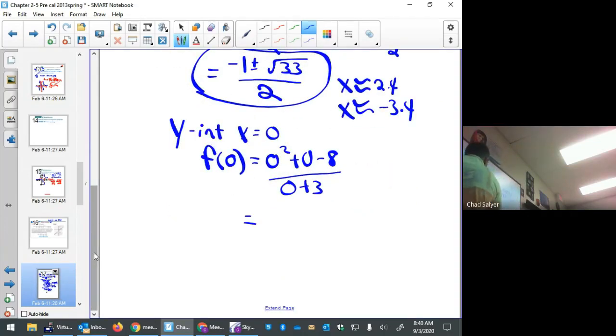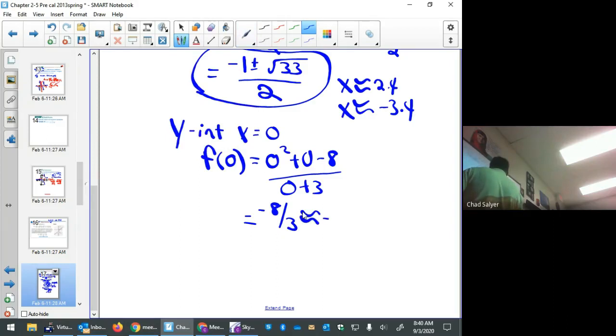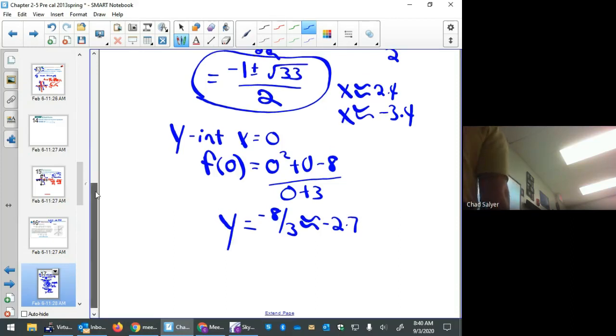So that's going to equal negative 8/3. And if I approximate that with a decimal as well, it's about negative 2.7. So that's going to be at y equals negative 2.7.